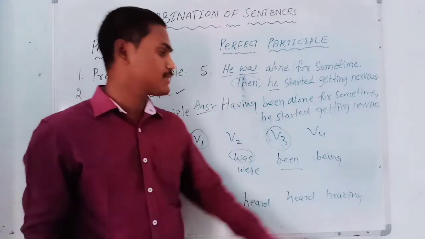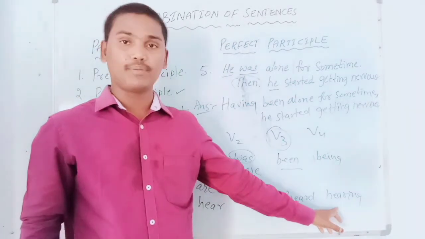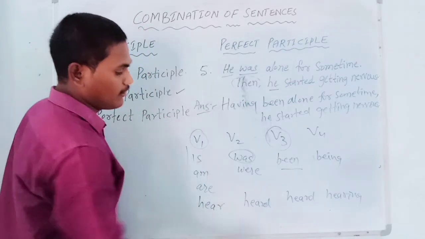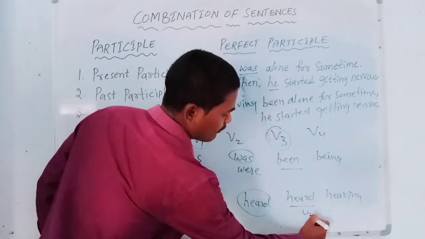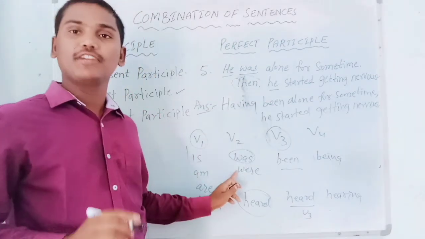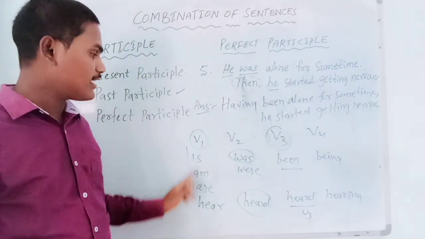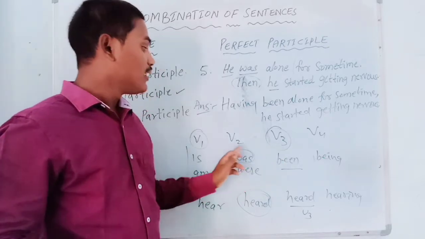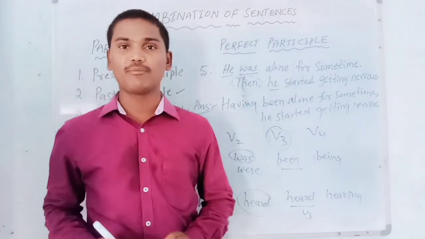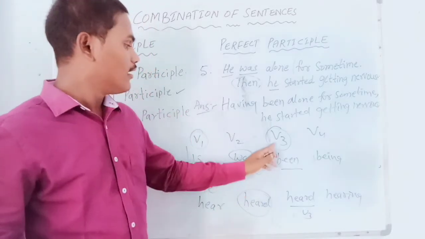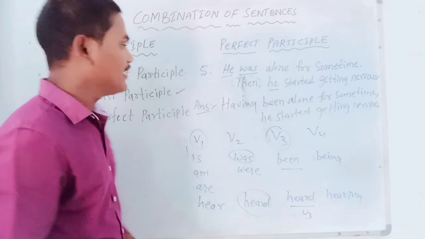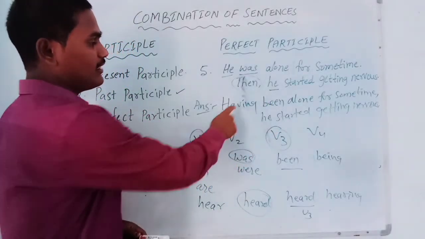In a present participle situation, we use being. So in this section, instead of being, we use the V3 verb form here. Yes or no? The same thing. So was, were are the V2 verb forms. Is, am, are are the V1 verb forms. So the V3 of is is been. The same way, the V3 of was is been. That's why I used been after having in this sentence.